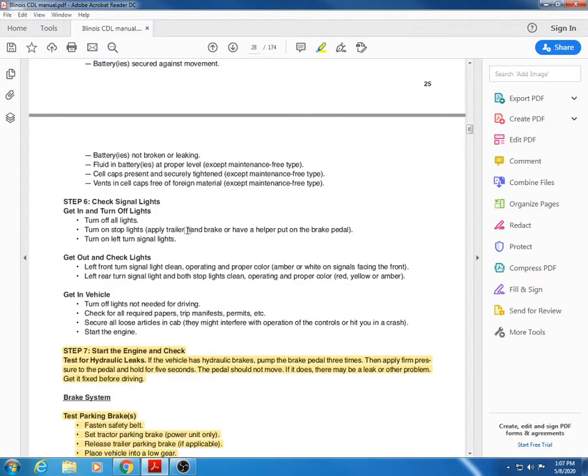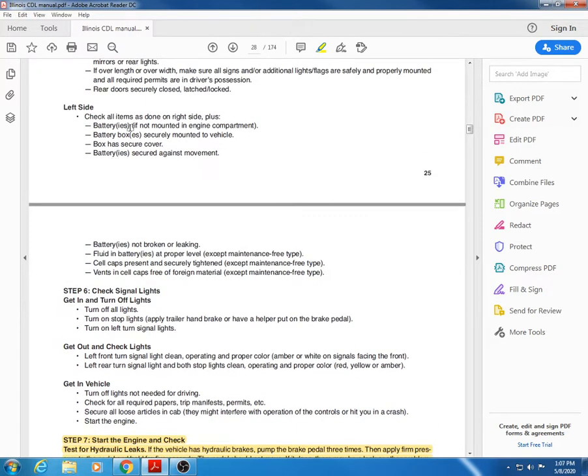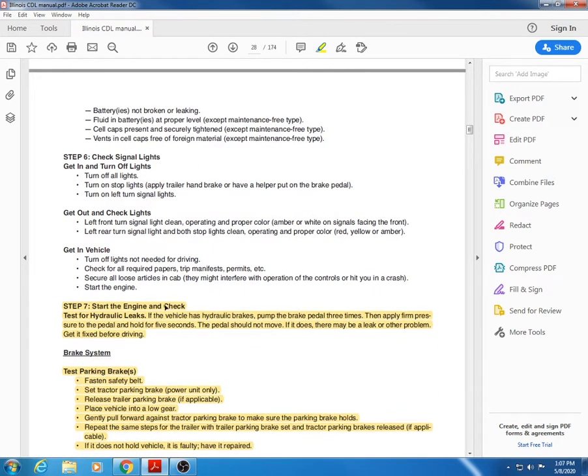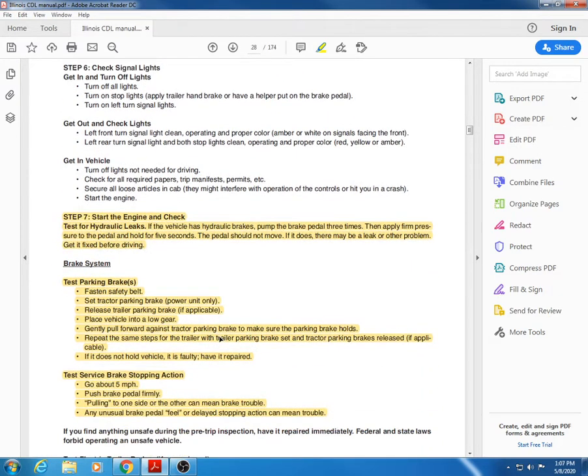Okay, so as we get down here, we've gone through checking all of our stuff, left side batteries, all this stuff you can see. Signal lights. Then you get down here, start the engine and check. You want to check for hydraulic leaks. That's in the brakes. We're taking air brakes, but you might have to answer questions about both, whether it be hydraulic or air, your braking system.